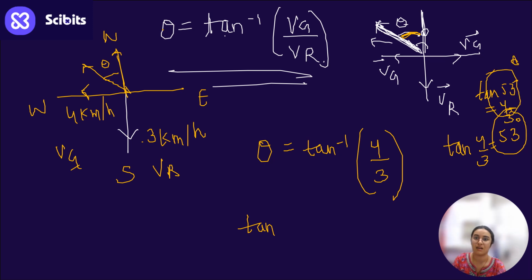These are some standard angles; it is not necessary to remember them, but it is a standard thing. So the theta will be 53 degree, and of course it's towards west. Okay, let's move on to the next thing.